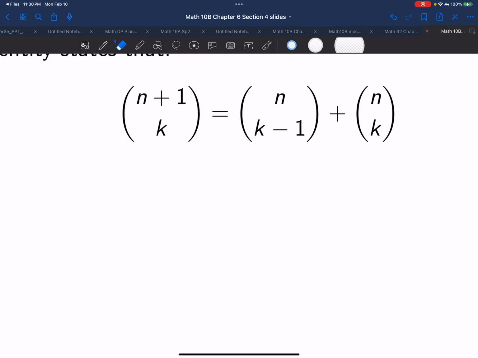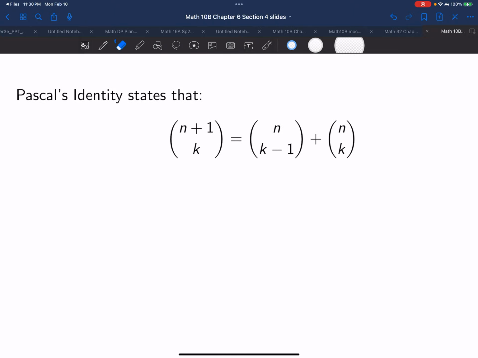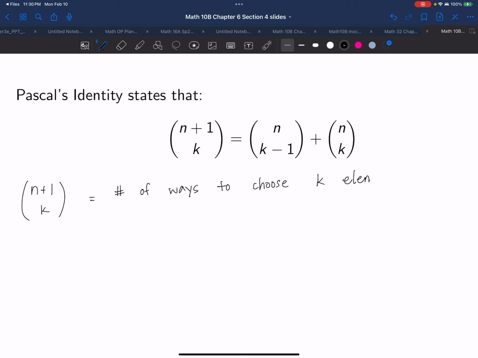So, based on counting, this left-hand side represents the number of ways to choose k elements from a set of n plus 1 distinct elements.